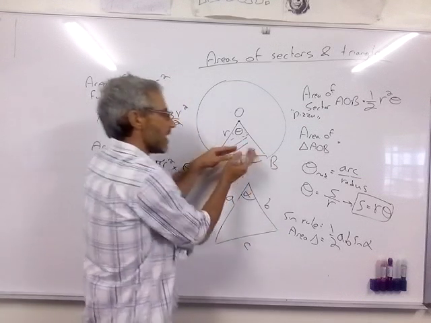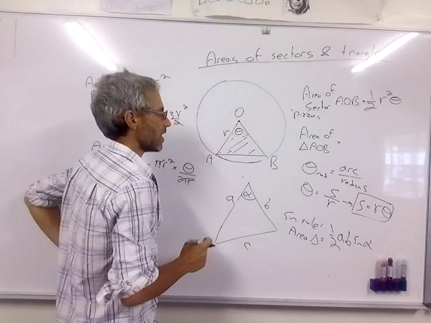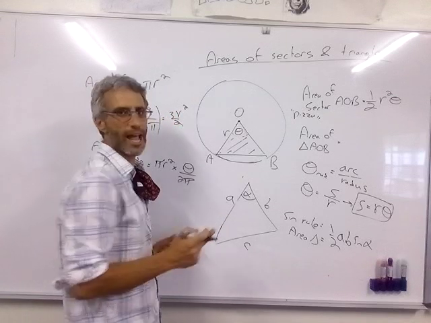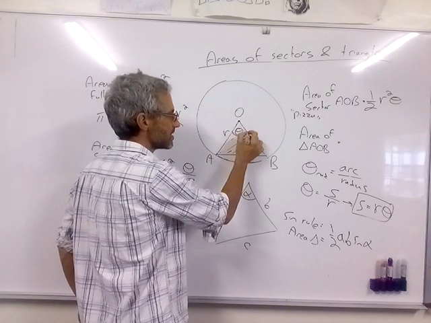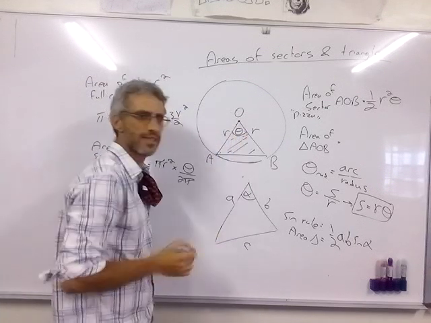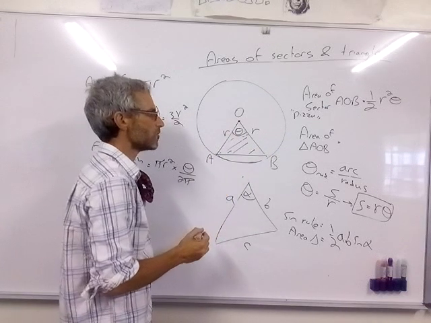Let's apply it now to find the area of this triangle. I need two sides and the angle in between. Well, I've got this side, this is the radius. This angle is theta. Then obviously this other side is also the radius. So what's the area of the triangle?